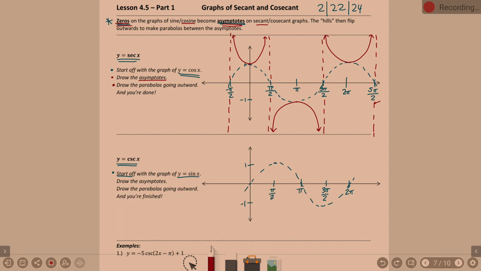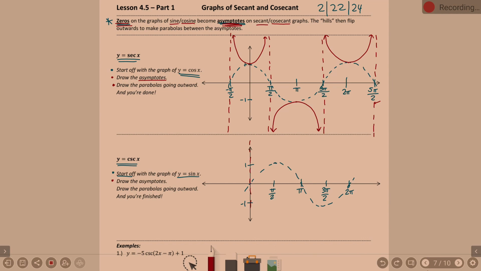Okay. Draw the asymptotes. What do we talk about with asymptotes? Any place that is a 0 on sine or cosine, so sine, becomes an asymptote on secant, or in this case, cosecant. So, we cross the x-axis at 0. What's that going to be on my cosecant graph?